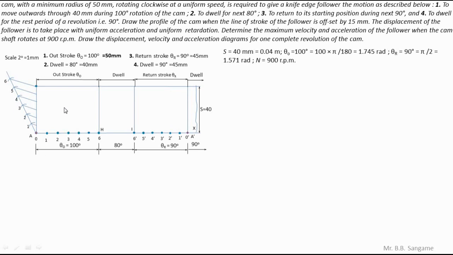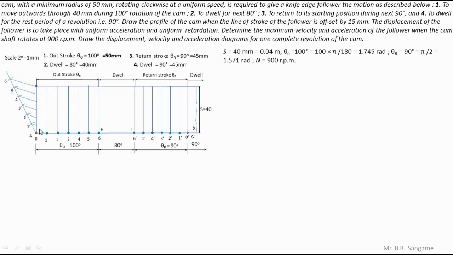Next I am going to draw the vertical lines from every point, from point 1, 2, 3, 4, 5, and similarly for the return stroke. Next I am going to focus on the middle line, that is the third line. On this line I am going to project these points. As I have divided the 0 line into 6 equal parts, similarly I am going to divide the third line into 6 equal parts.